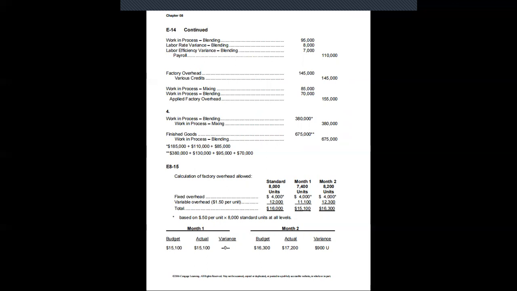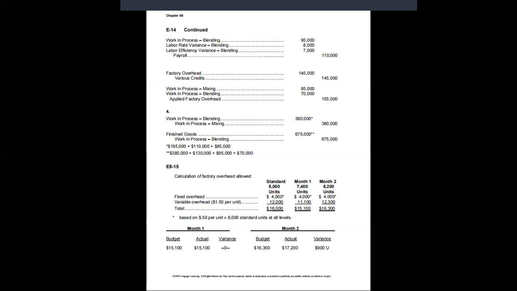So debit work in process at standard cost for 95,000. Debit labor rate variance, unfavorable, the amount of 8,000. Labor efficiency variance still for 7,000 unfavorable, and we credit payroll for 110,000.